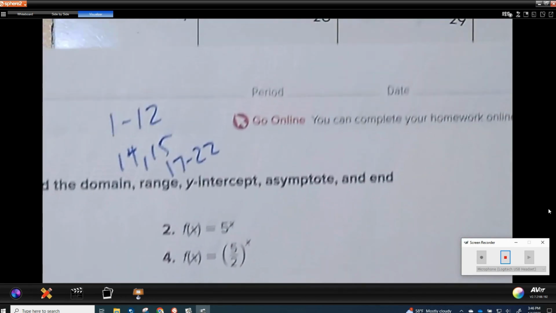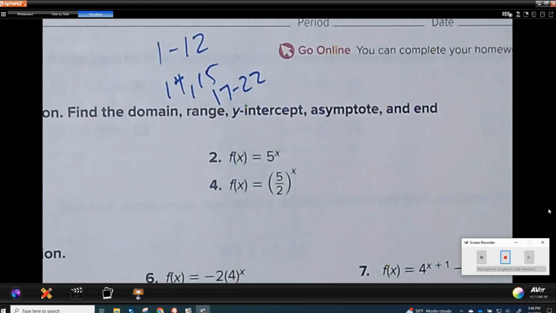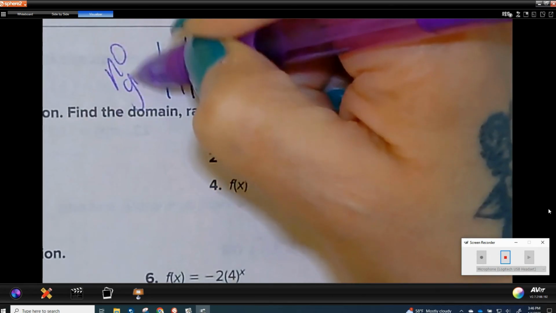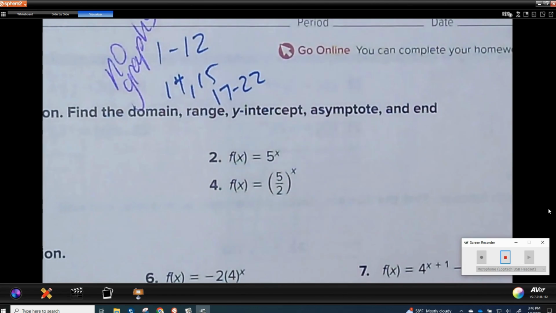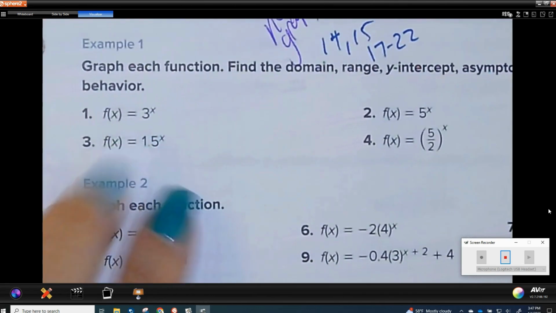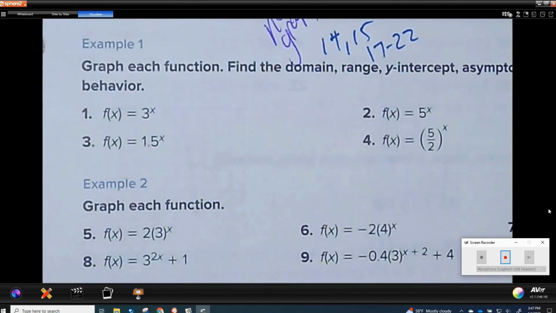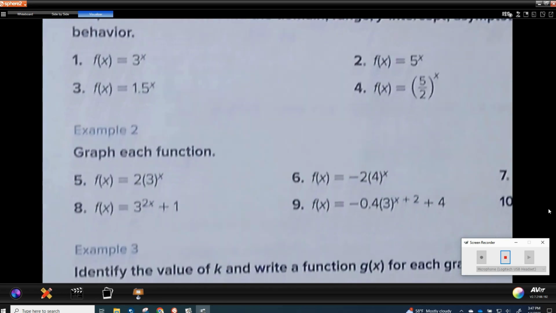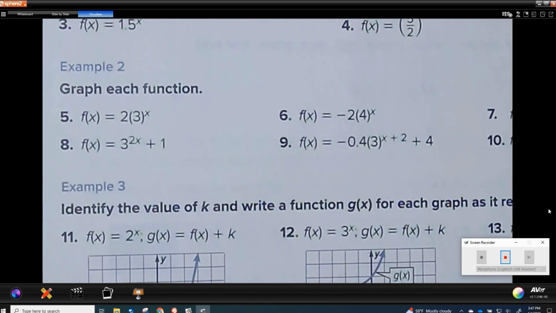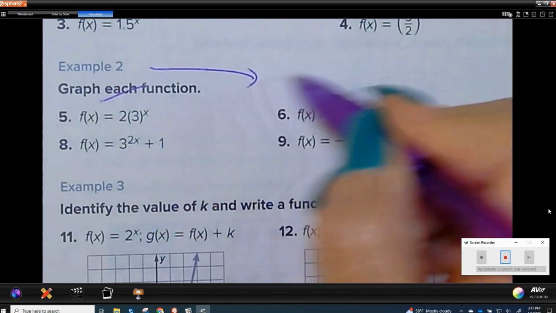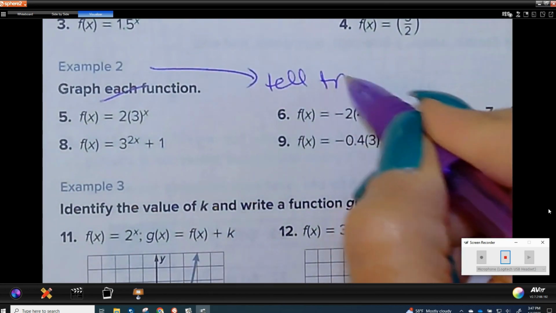So your assignment was this, no graphs. What does that mean? That means for these first ones, you just follow example 1 and tell us the domain, range, y-intercept, asymptote, that kind of thing. For example 2, it doesn't say it, but look at example 2 and tell me transformations.